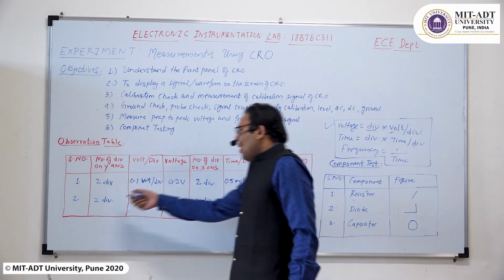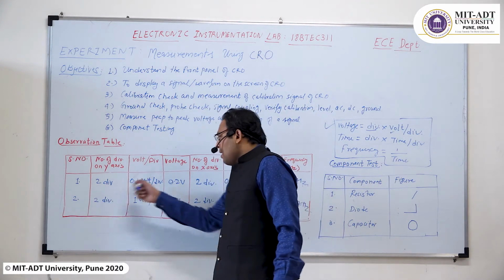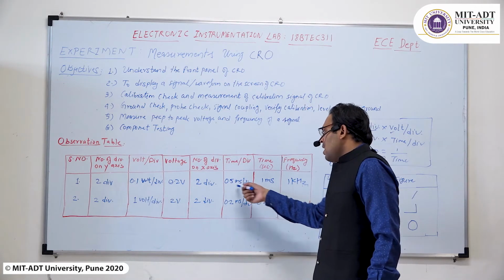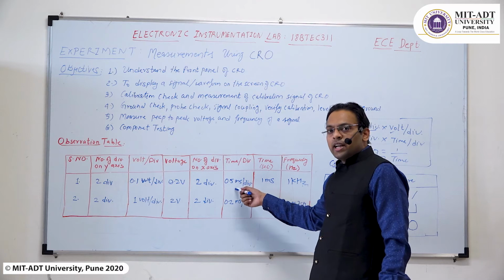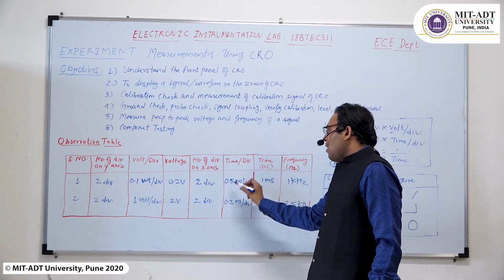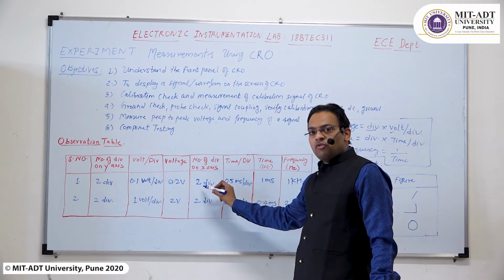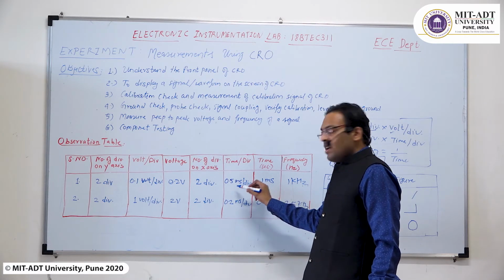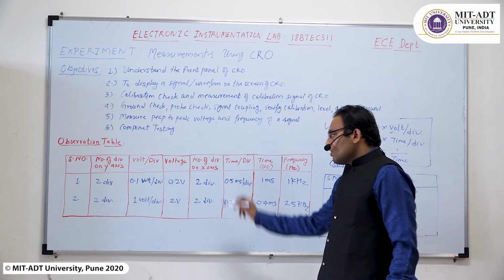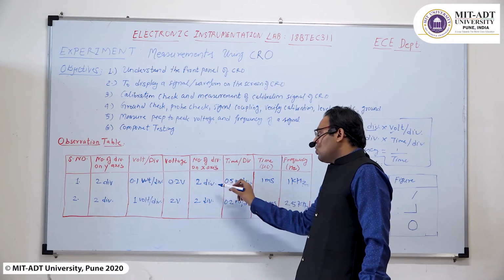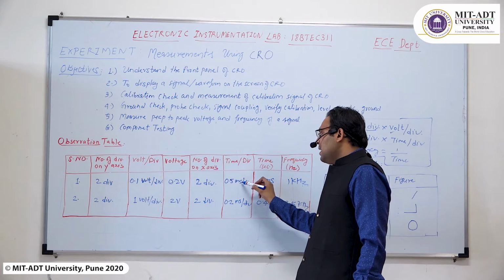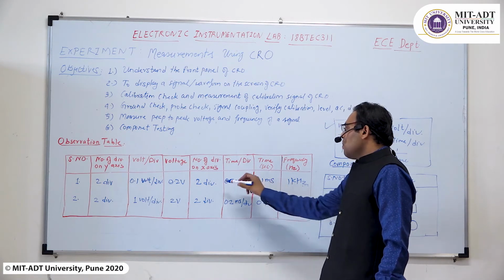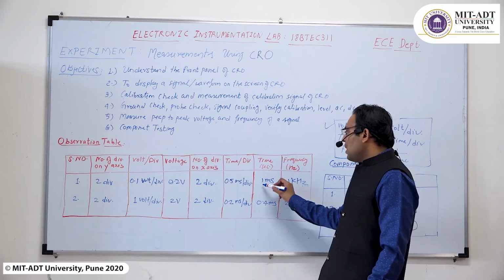Now for the second reading. For this, we have also calculated the frequency. The number of divisions on the x-axis was found to be 2, and the time per division value was 0.5 milliseconds per division. If we multiply both values, 2 divisions into 0.5 millisecond per division, the division will cancel and you will get 2 multiplied by 0.5, which gives you 1 millisecond.